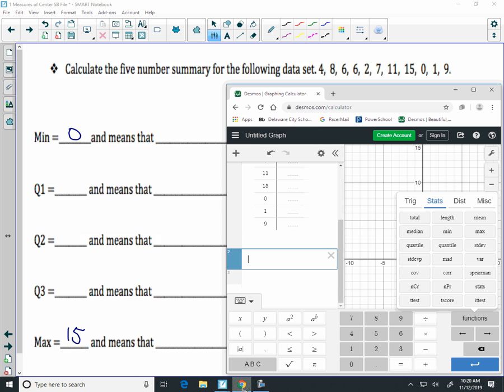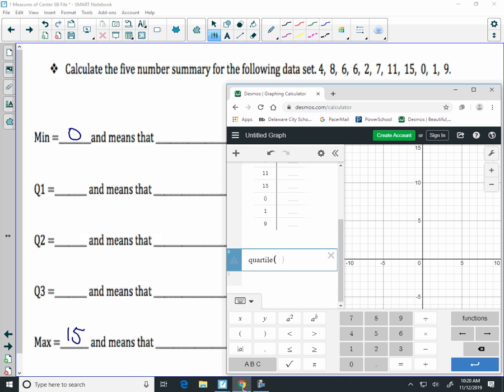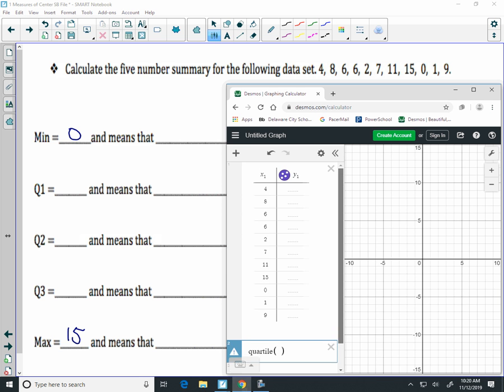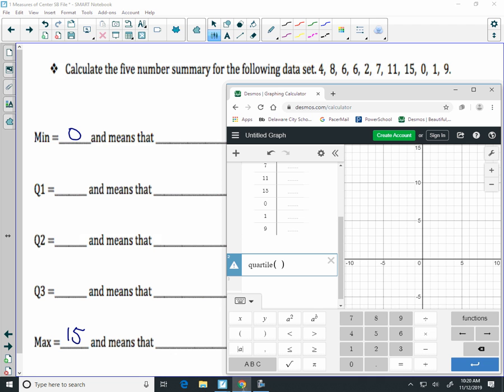And again, we're going to use that quartile button. I'm going to make sure I have x1 up here, and I do. So I'm going to get quartile 1. You can do quartile 2, or you can do median. I'm going to do median.